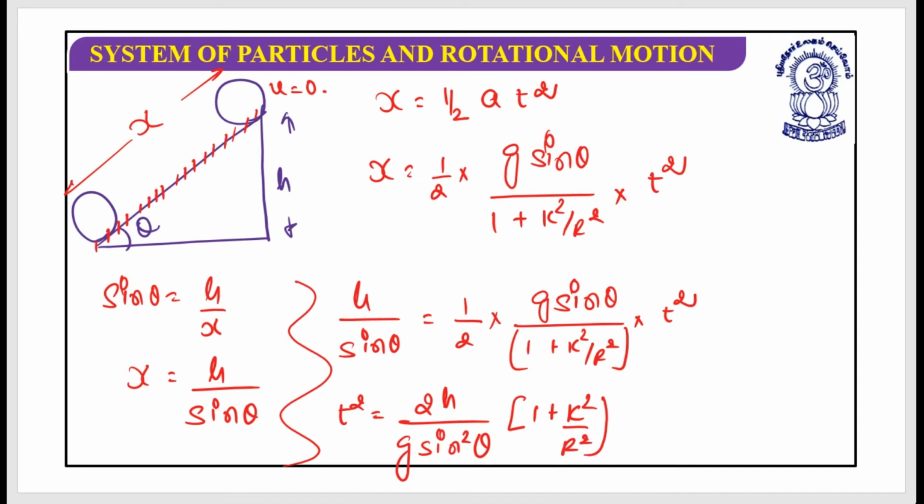I hope this is clear. Yes. So this t could be written as root of 2h by g sine square theta into under root of 1 plus k square by r square. I hope this is clear. Are you sure?